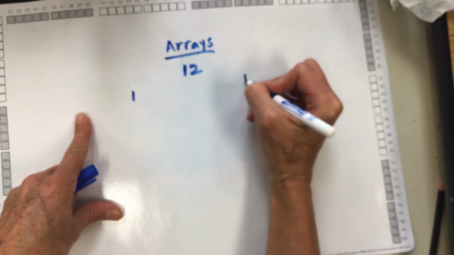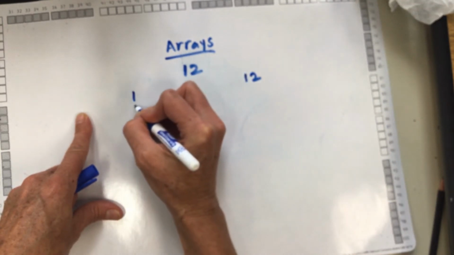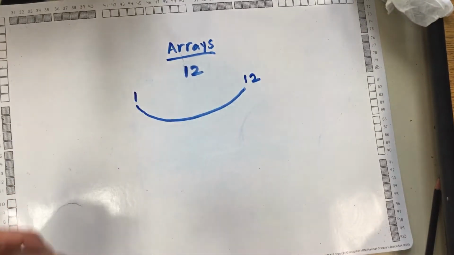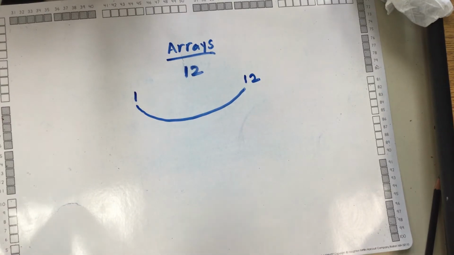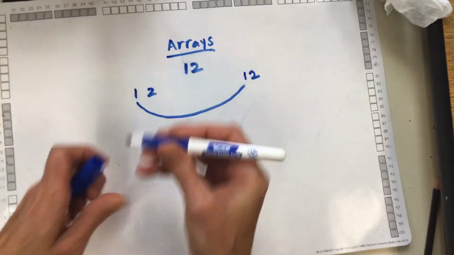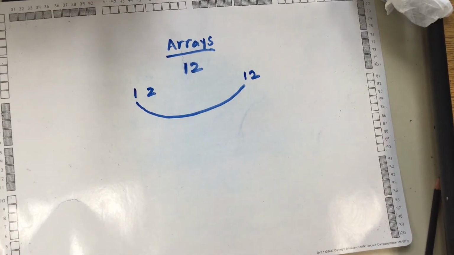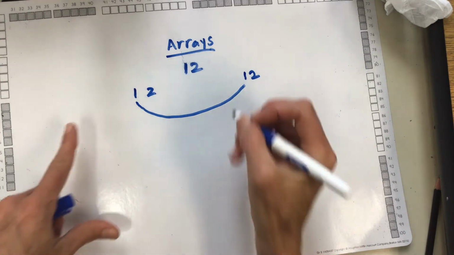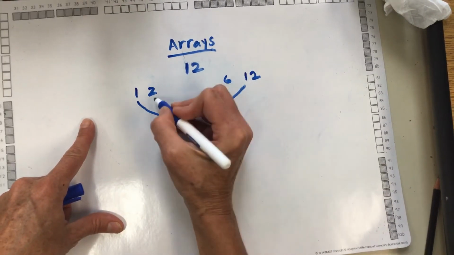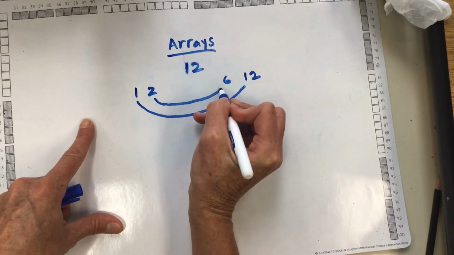So I'm going to do my 1 by 12 right here. And then I'm going to try the second smallest number, and that's a 2. Let's see, if I count by 2s, how many times do I need to count by 2s to get to 12? Well, let's see. 2, 4, 6, 8, 10, 12. I had to do that 6 times. So 2 times 6 equals 12.